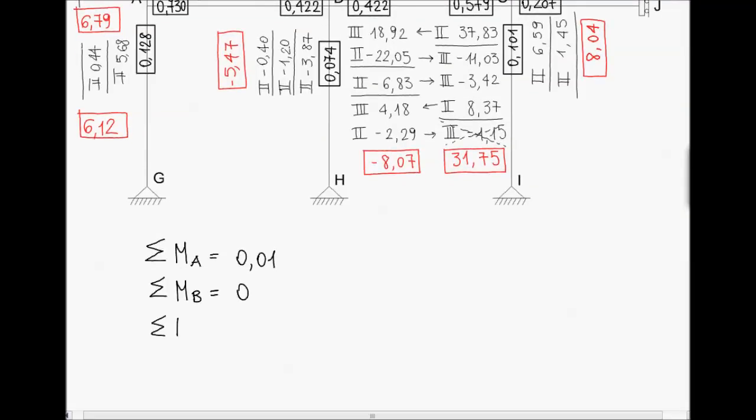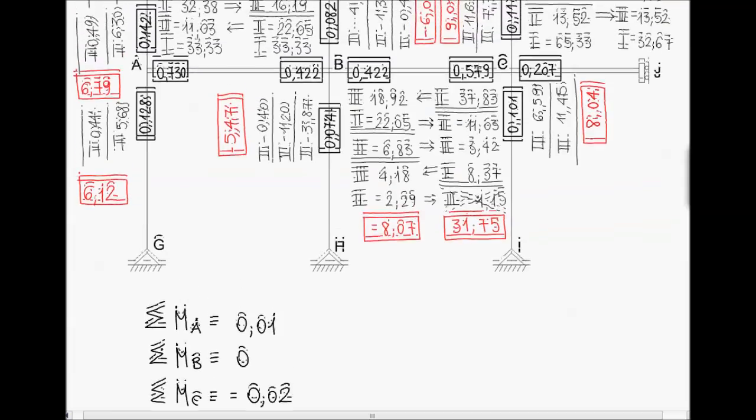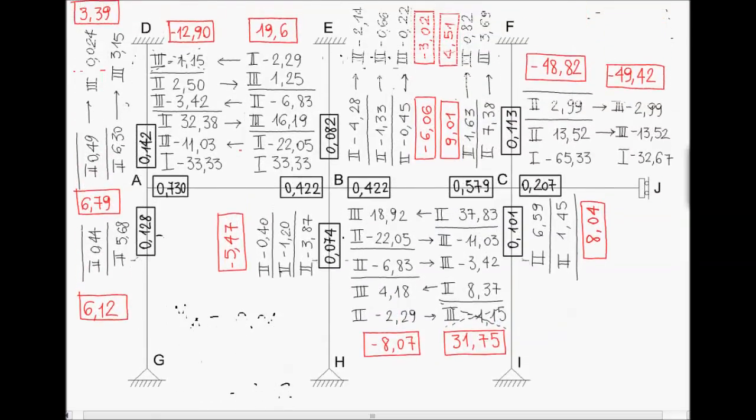For node C, we have minus 0.02. So we have a sufficiently small error, so the equilibrium is respected. And this is the final scheme for the Cross method.